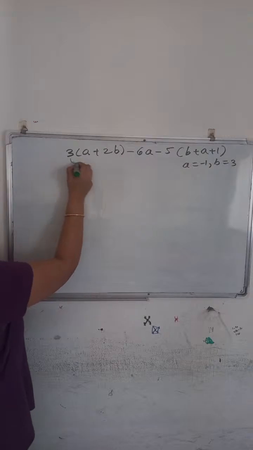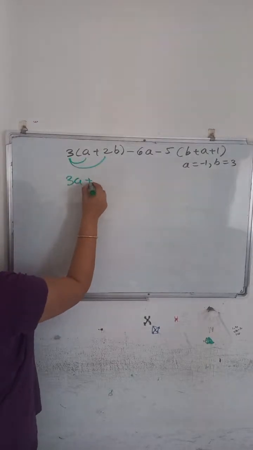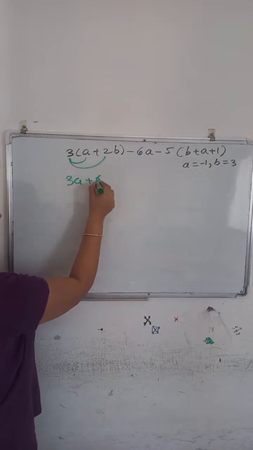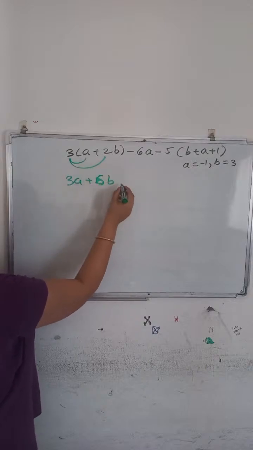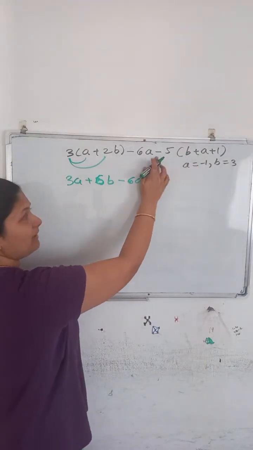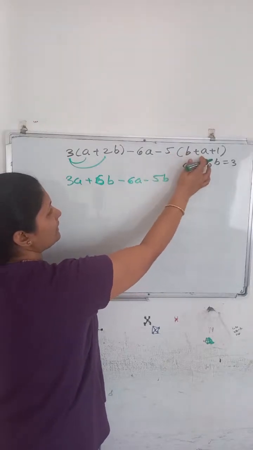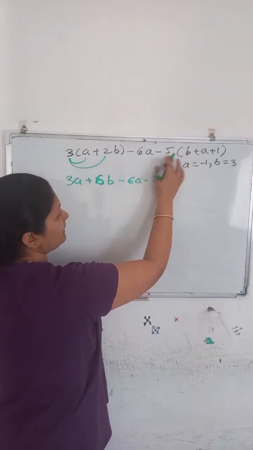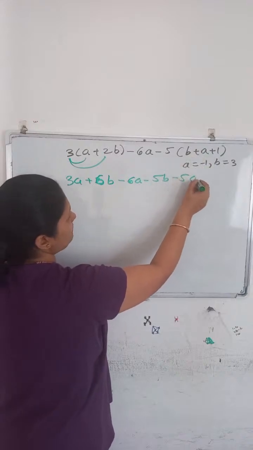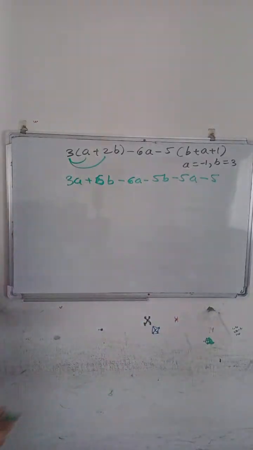So 3 you can multiply inside this bracket: 3a into 2b, here the plus sign is there, that is 6b. Minus 6a minus, now 5 you multiply with this sign, so minus 5b minus 5a, then minus 5, because minus 5 into 1 is minus 5.